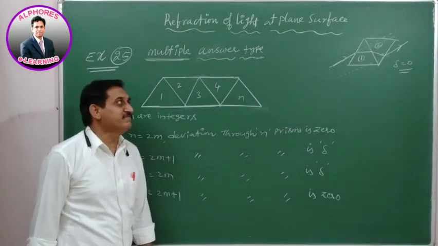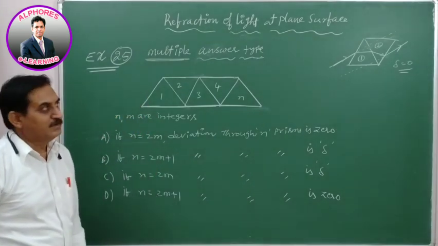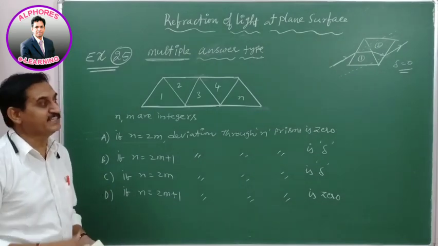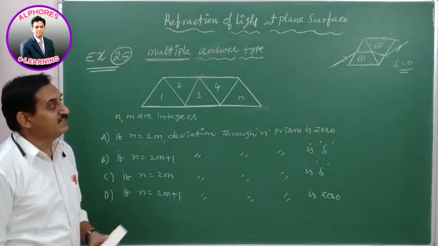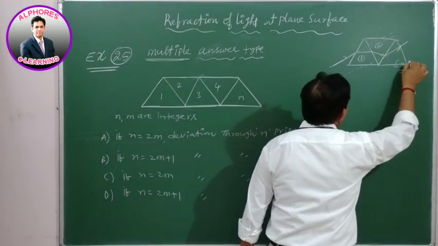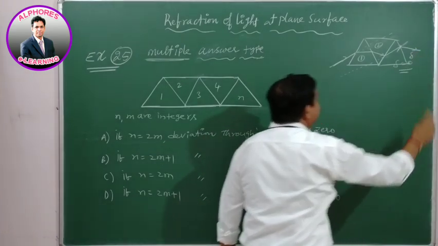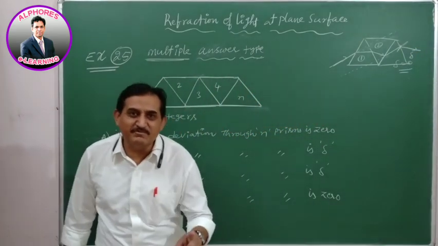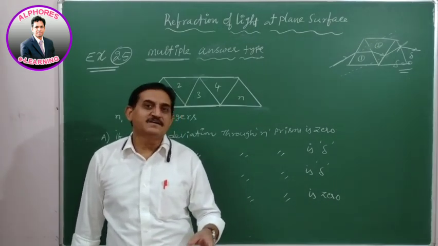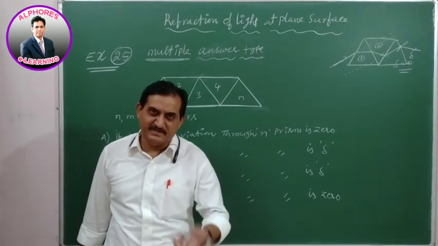So whenever we keep one more identical prism in contact with these two prisms, and the third is joined with it, what happens? Again it is deviated. How much? Delta. See here, the deviation given by one prism is delta, and the same identical prism is kept in contact with it in reverse.